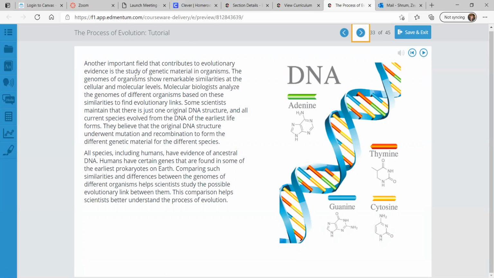All right, so another important field that contributes to evolutionary evidence is the study of genetic material in organisms, and the genomes of organisms show remarkable similarities at the cellular and molecular levels. Molecular biologists analyze the genomes of different organisms based on the similarities to find links in the evolutionary chain. And some scientists maintain that there is just one original DNA structure, and all current species evolved from the DNA of the earliest life forms.